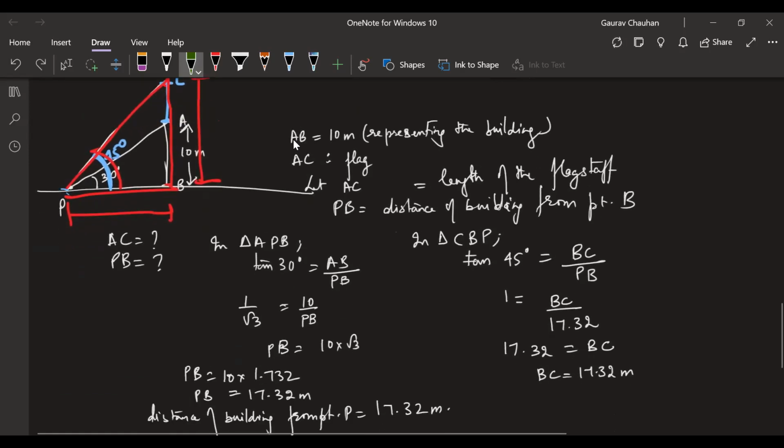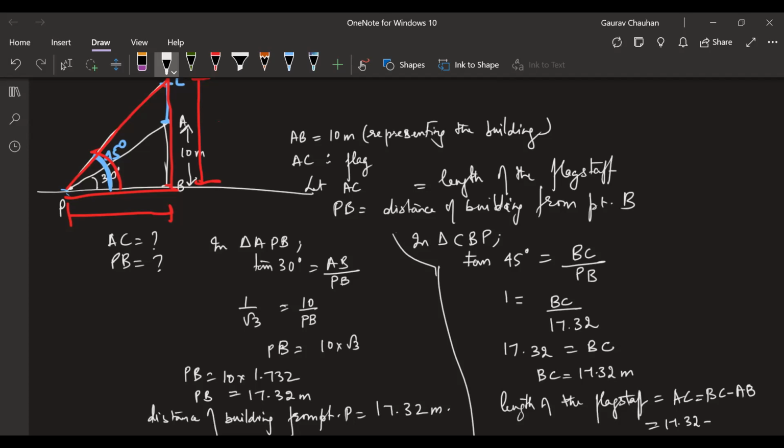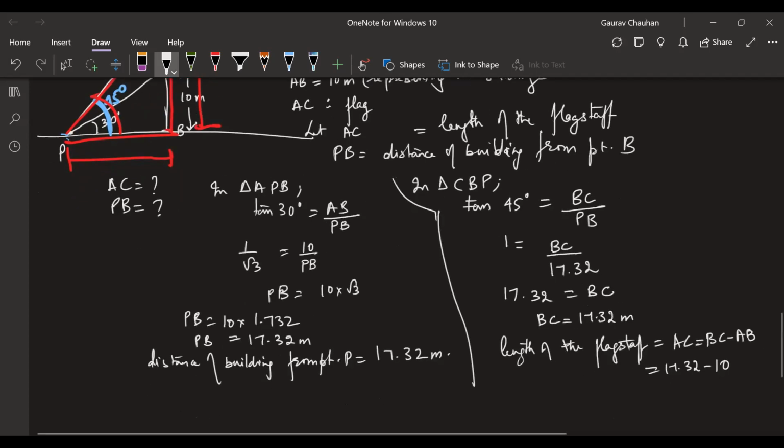So the length of the flagstaff is equal to AC, that's equal to BC minus AB. BC is 17.32 minus AB is 10. You end up getting 7.32 meters. Are we good with this? Please write one below the other, okay? Please, Deepak, don't write like this.